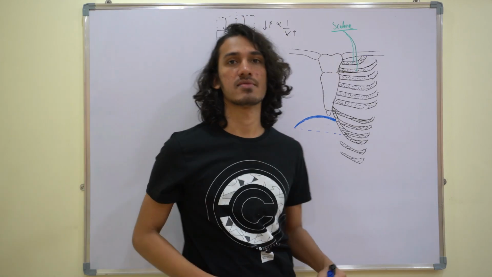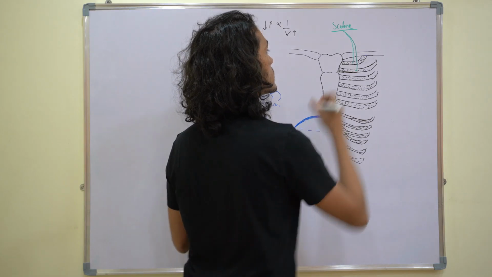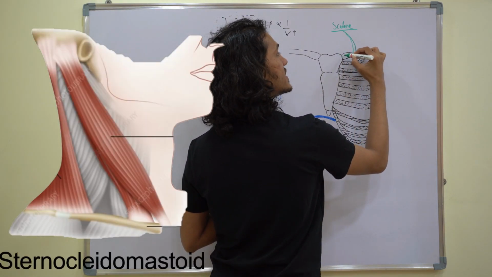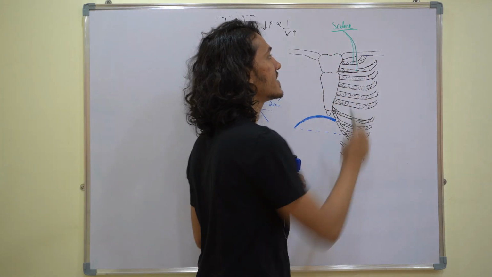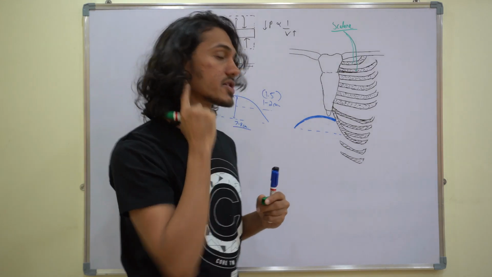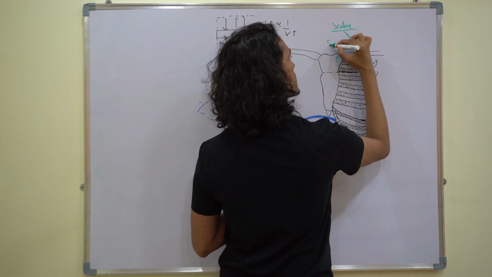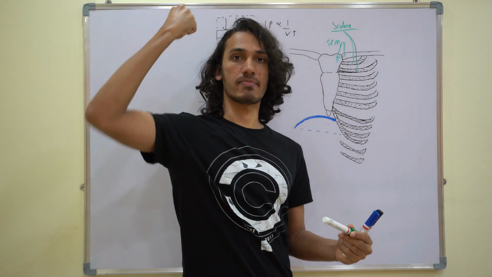It pulls it up. So it pulls it up like that. We know the presence of a muscle called the sternocleidomastoid. There's a sternal head and a clavicular head and attaches to your mastoid process. So that is your sternocleidomastoid. So that also pulls it up.